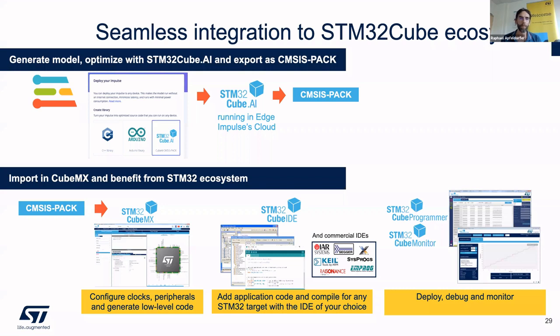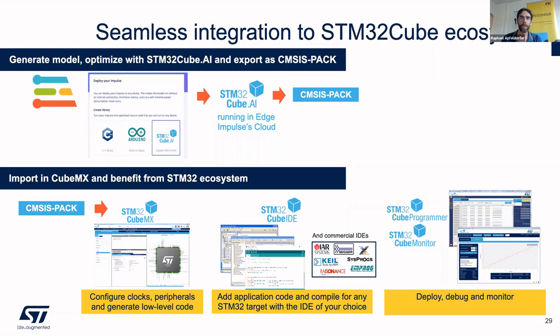But then for productization, when you move toward the industrialization steps, you want to find back an ST environment that you are more used to for developing embedded software. That's where we have integrated the Edge Impulse framework with ST solutions. Jan will show you the different deployment options, but one of them is the export via STM32Cube AI.